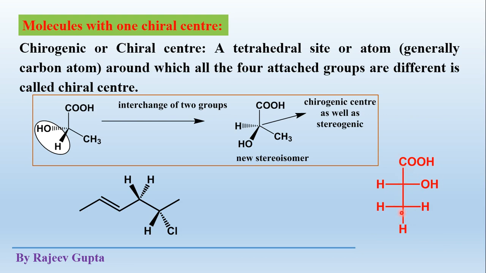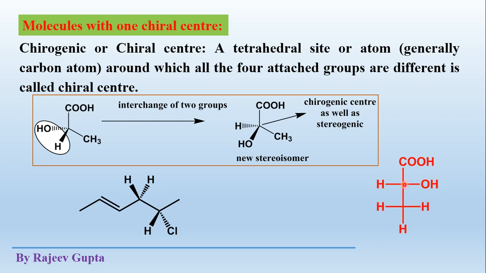There are 3 carbon atoms and this carbon atom is chiral. See, this carbon atom is chiral, which is attached to this carboxylic group, one hydrogen atom, one hydroxy group, and a methyl group.